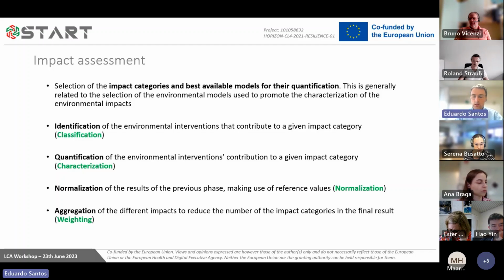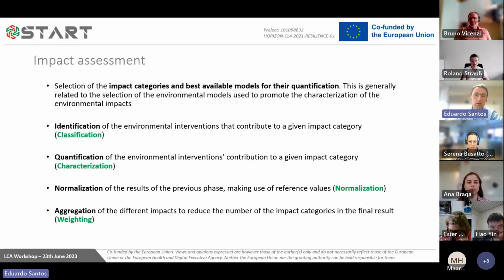And the way that the methodologies have solved that is by normalization. They have a result for each category, and they can divide the result in each category by an average or a reference value that happens in that category. And then you can have results that are in percentage without any dimensions.